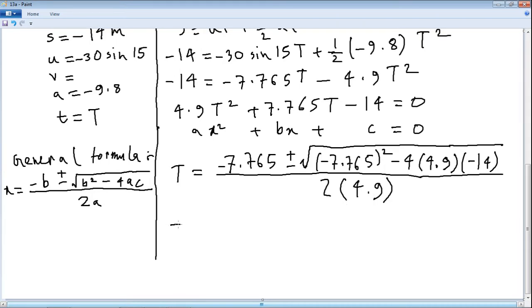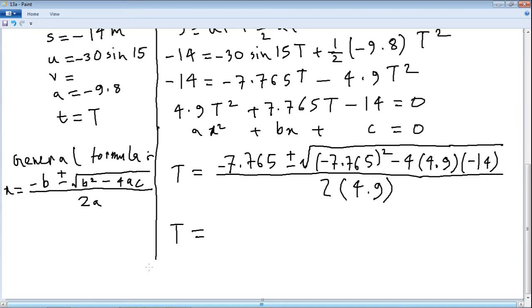If you have calculated, you will find these values. Let me calculate. Minus 7.765. Let us first take positive.